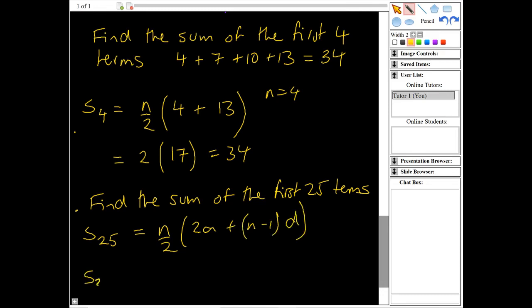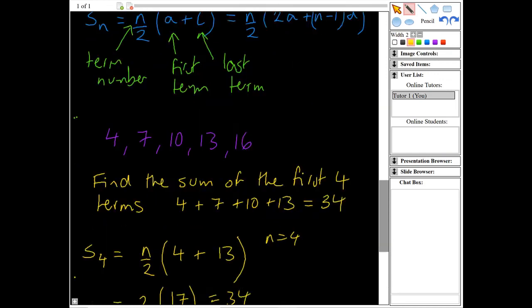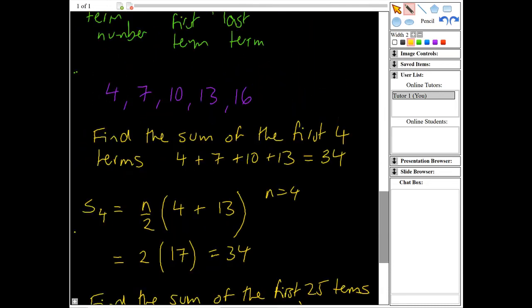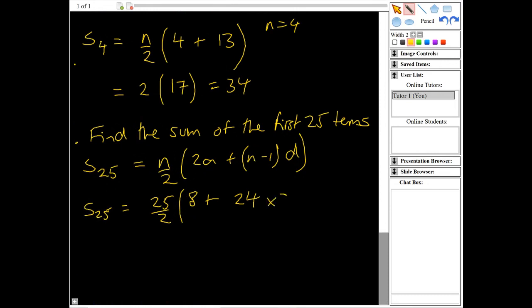So S25 would be 25 over 2 times 2 lots of a. So the first term is 4, so that would be 8. Plus, and then 25 take away 1 would be 24, and then times by the common difference, which would be 3. So then we can work out what that is.